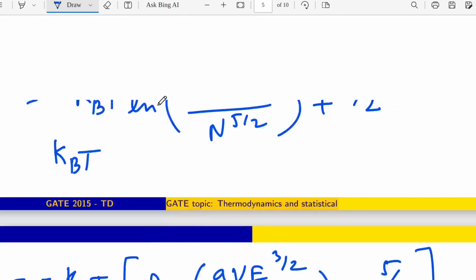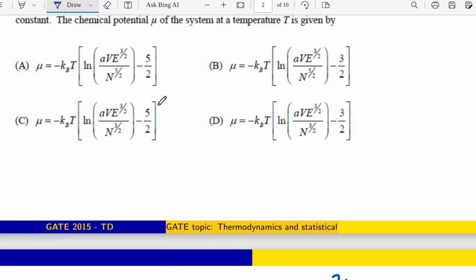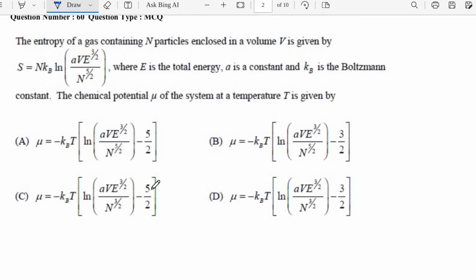So if I just match this one with the options given in that question, it is very much equal to option number A, minus kB T ln[AV E^(3/2) / n^(5/2)] minus 5/2. So the correct answer will be option number A.